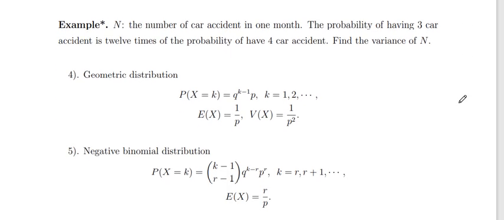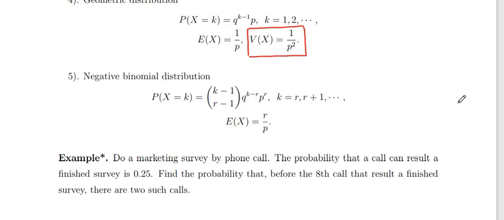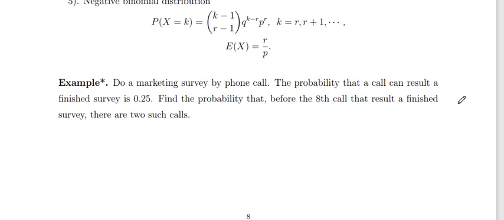So for geometric distribution, oh, I made a mistake. So the variance is not q over p square, it is 1 over p square. Okay, so the negative binomial distribution is this.